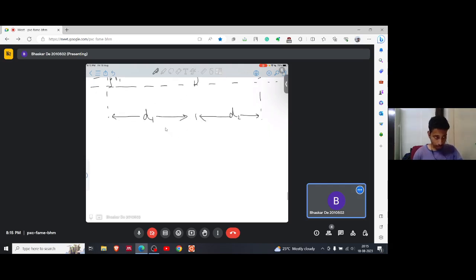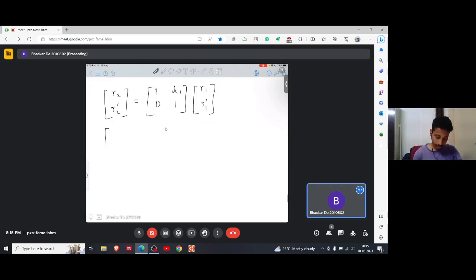So the way I have shown earlier, I can write R2 dash equal to 1 D1 0 1 times R1 dash, then for R3 dash it is 1 D2 0 1 times R2 dash.